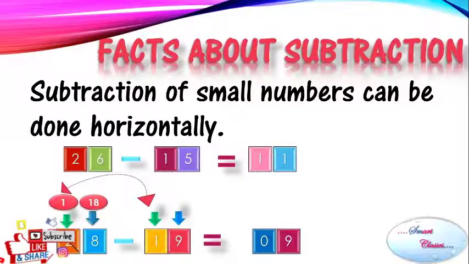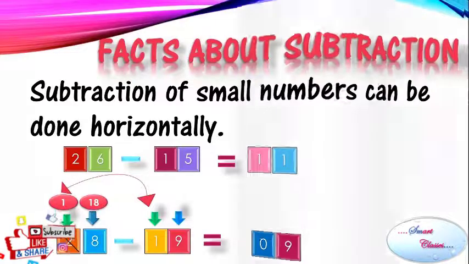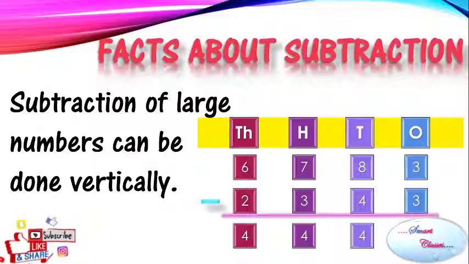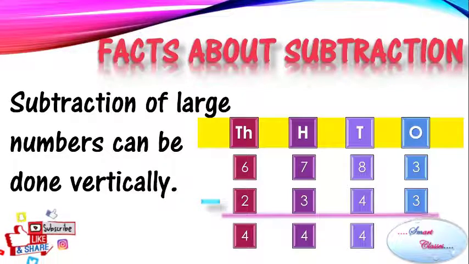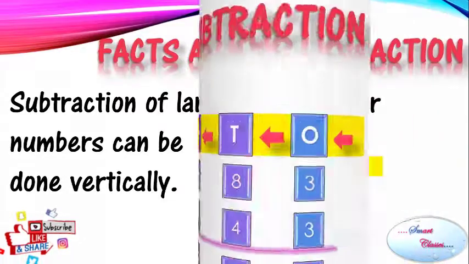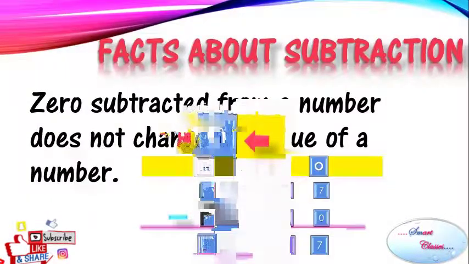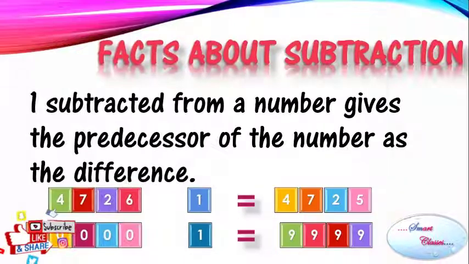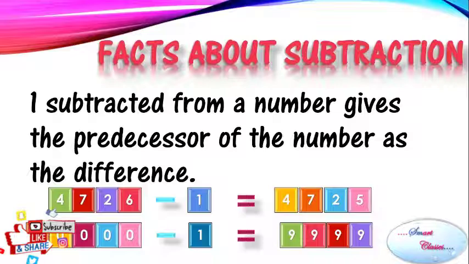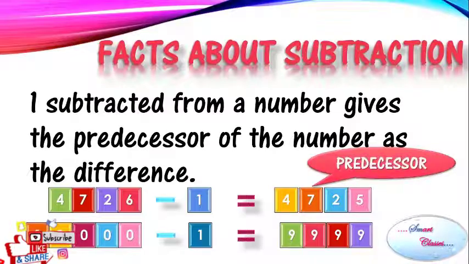Addition and subtraction of large numbers can be done vertically, placed just below the place value chart. 0 subtracted from a number does not change the value of the number. 1 subtracted from a number gives the predecessor of the number as the difference.